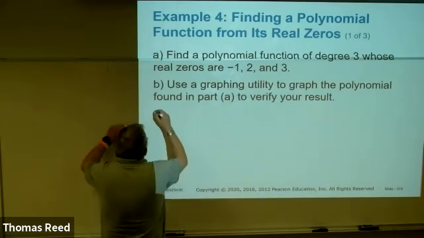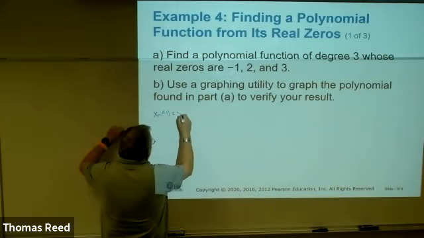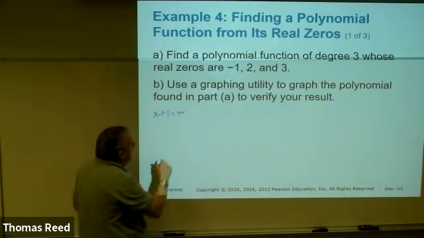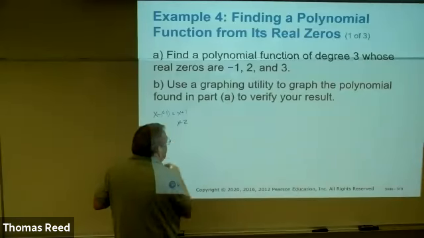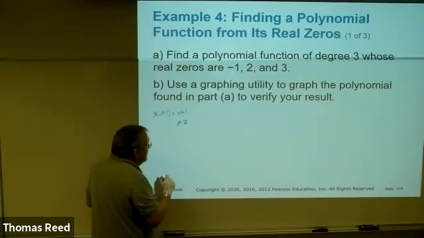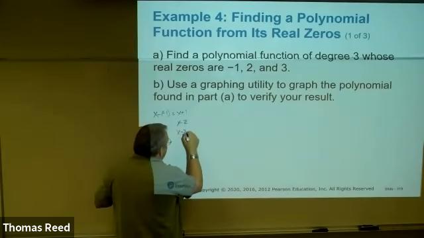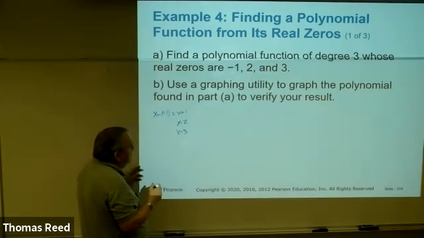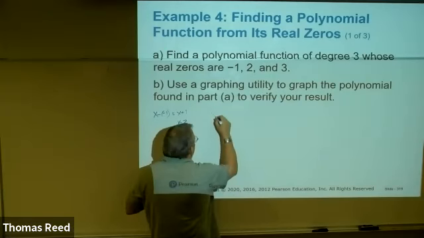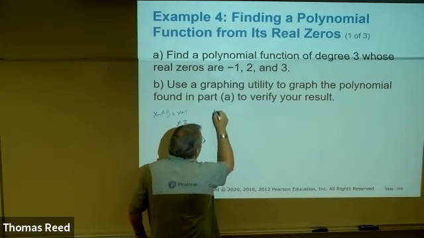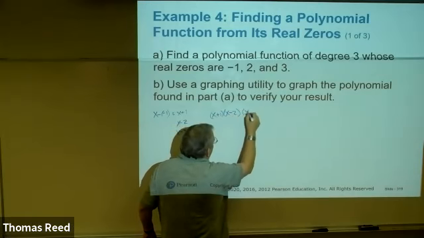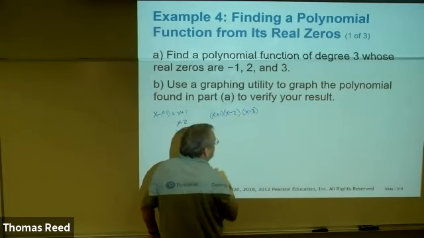That means x minus negative 1, which is x plus 1, is a factor. x minus 2 is a factor. And x minus 3 is a factor. So I multiply these 3 things together, x plus 1 times x minus 2 times x minus 3.